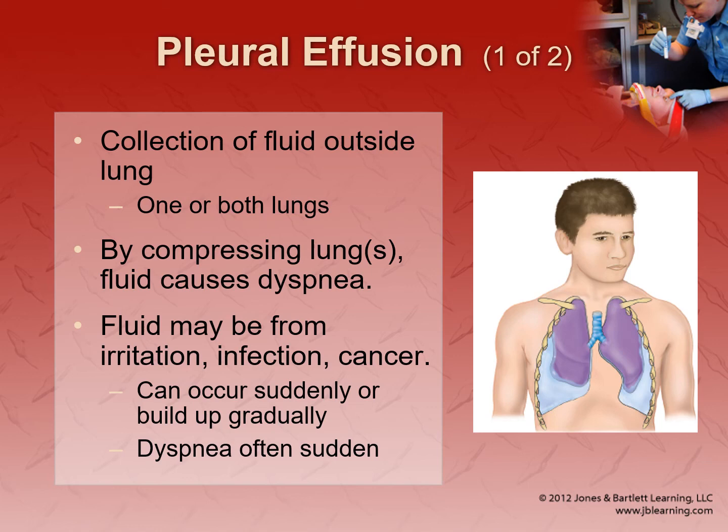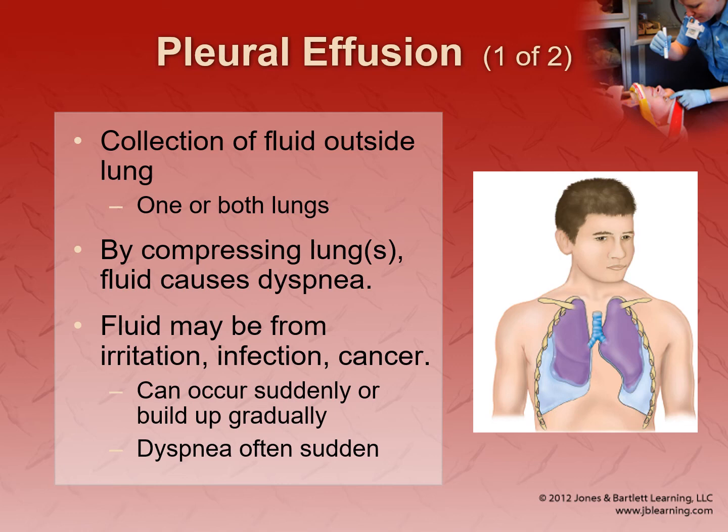Right, you guys all know, if you get a small cut, you get that release of the clear serous fluid coming out of it. Same thing in the lungs. If there's an infection or some other form of irritation, tumor is the big common one, that fluid that seeps out from that damaged tissue will accumulate in the space and put pressure on the lung.